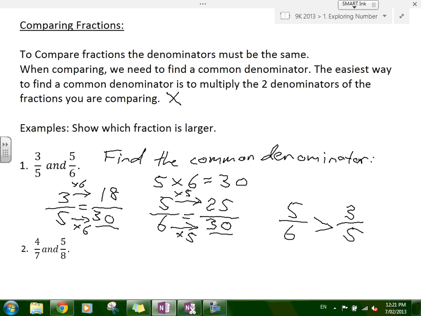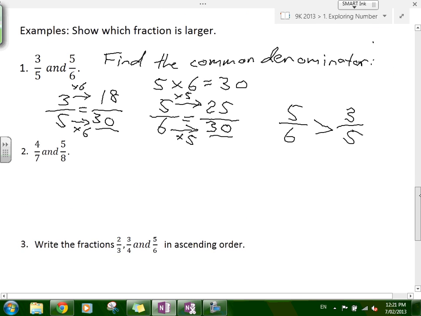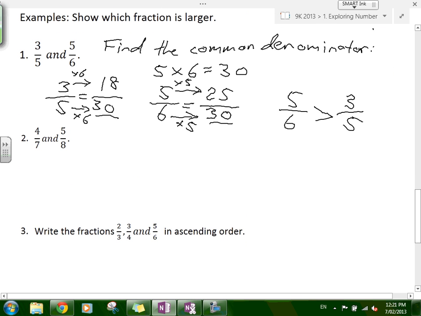So just writing it down. Now the next example, we've got 4 over 7 and 5 over 8.